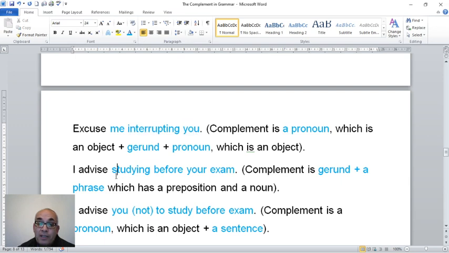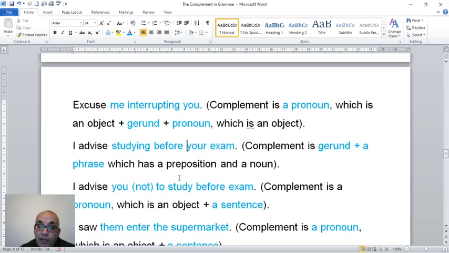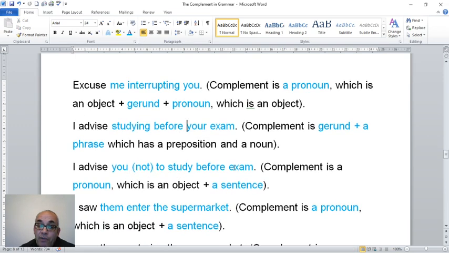I advise studying before your exams. So again, studying is a gerund, and then before is a preposition, your exam. Again, this is a phrase. I advise you not to study before exam. Again, this is a pronoun. And again, you can use not, or if you don't want to use not, that's okay, to study before exam.